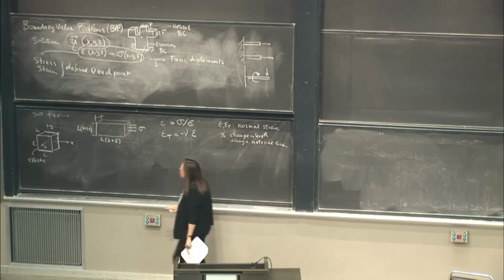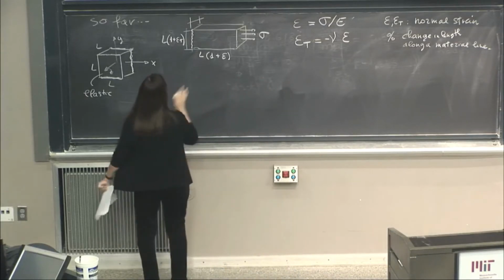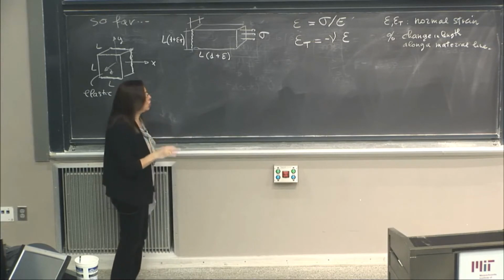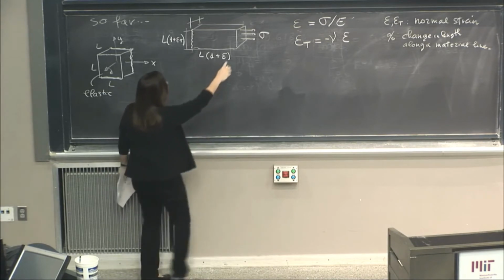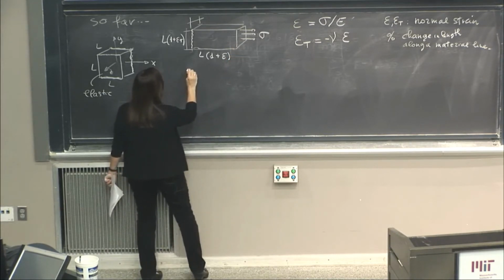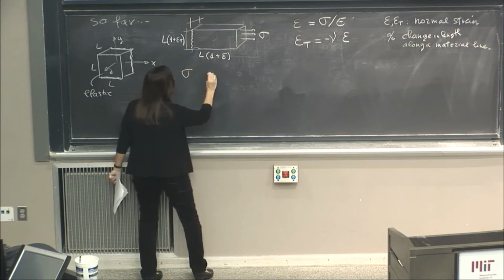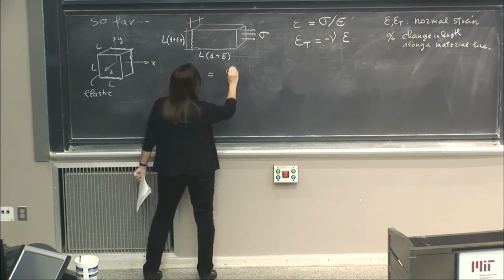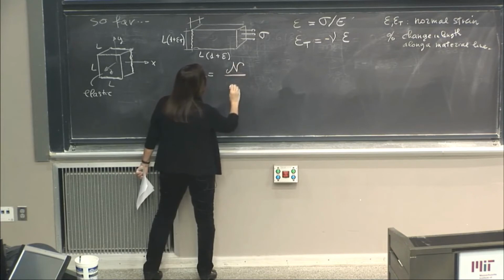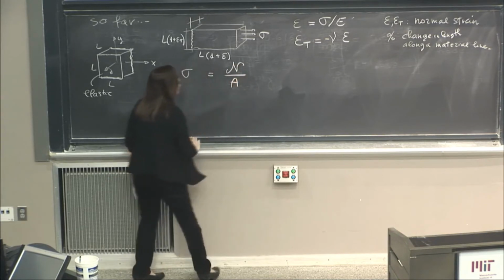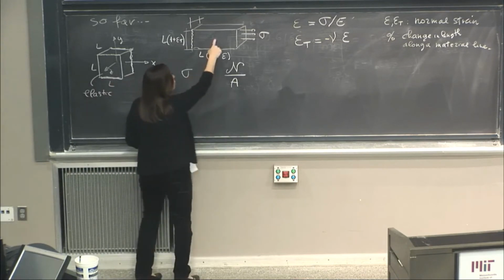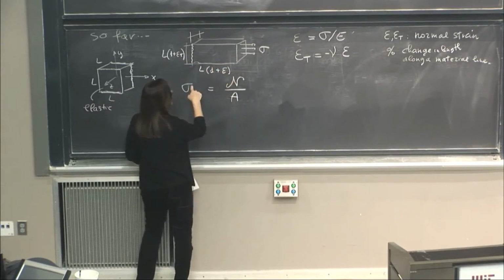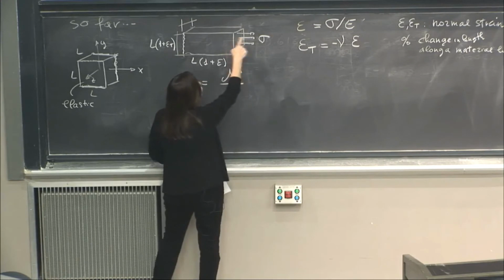The other thing that we did is we looked at a different kind of loading and deformation. So while this thing here has to do with normal stresses and normal strains, so this thing here has to do with the stress sigma, which is obtained by taking the normal force and dividing it by the cross-sectional area, right? The stress that has to do with this kind of deformation is a stress that comes from a force which is normal.